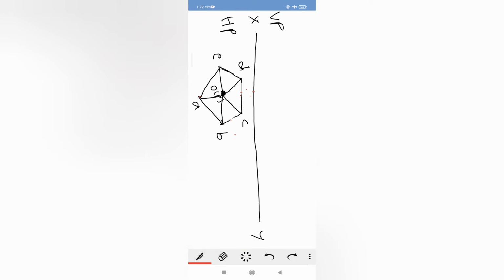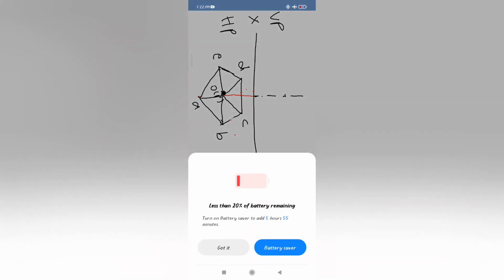Now once again, first of all you have to project this center, and what is the length of the axis given in the question? 60 mm. From here draw a line which is followed by a dot. This is called the axis of 60 mm length. Always, as I told you earlier, the axis represents the height of the given solid.